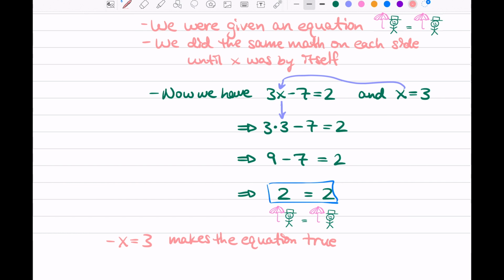So what happens if you got something else instead of 2 equals 2? What if you got 2 equals 5? Well, that's not right.